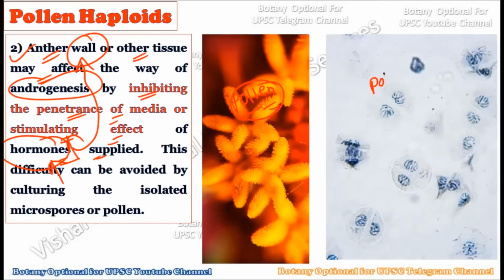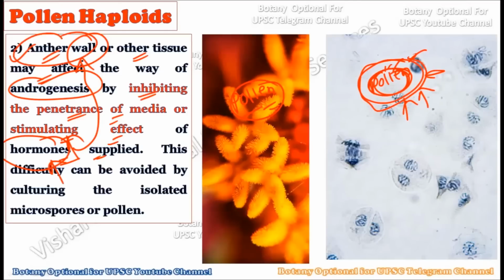For example, if the pollen is covered with a wall, this wall will not allow the nutrient media to reach the pollen grain. So this pollen grain will remain deficient of the nutrient medium, and hence the whole process fails due to the presence of the anther wall, and proper androgenesis will not occur.